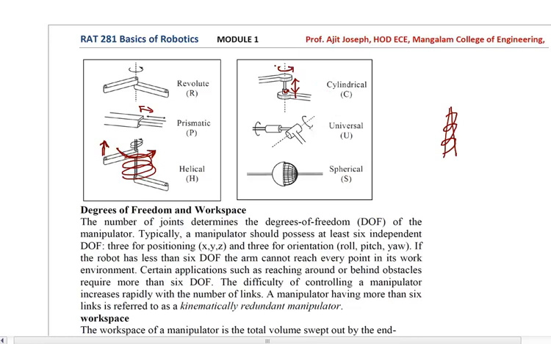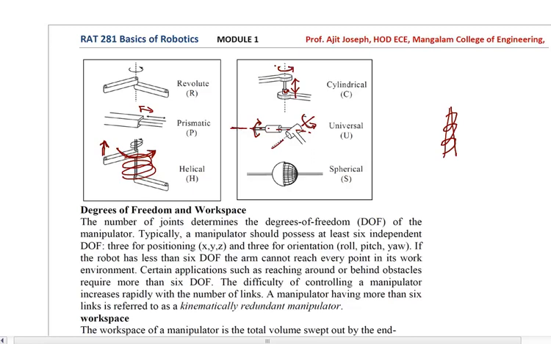Or you will have a universal joint. In a universal joint, what you have is basically two joints. The first joint is moving in revolute direction like this. The second is also revolute, but the axis of rotation is perpendicular to the axis of the previous joint.